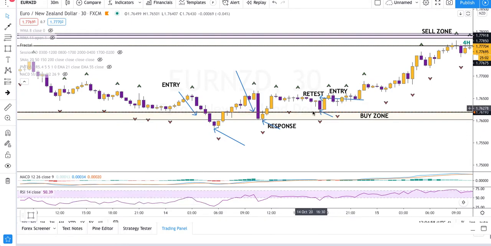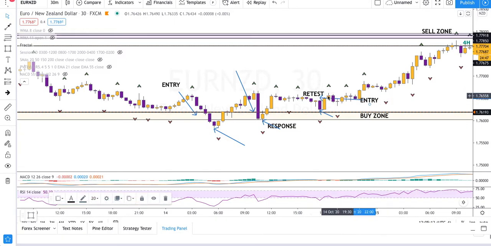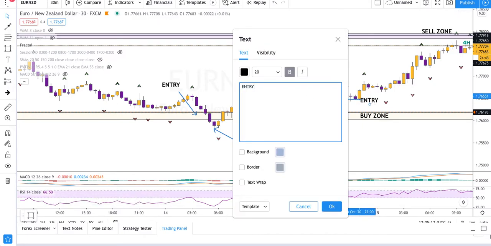So price is going to close down here. You want to enter in at the high of this candle, because guess what? If price is going to go down, it would never get up here, and then you can put your stop loss right there. All right. So this would be your entry at the high of the bearish supply candle.